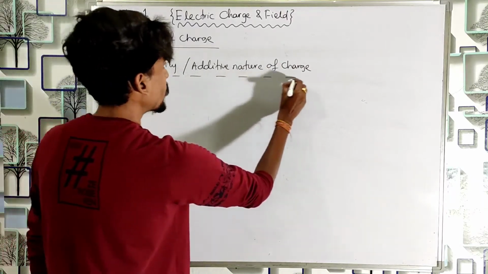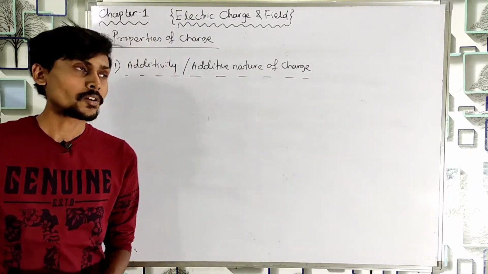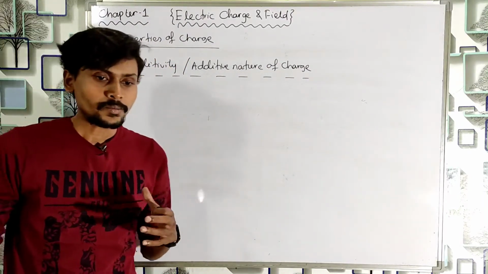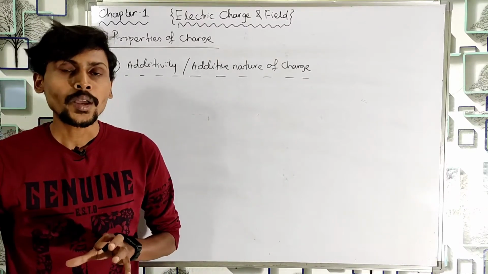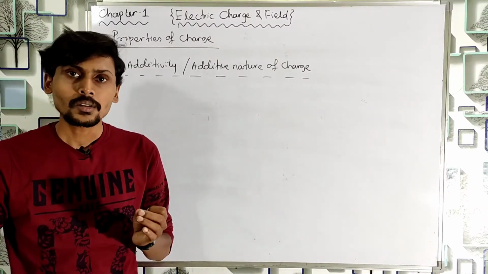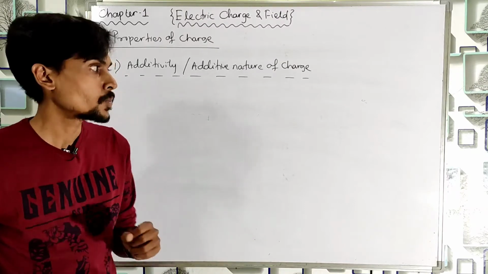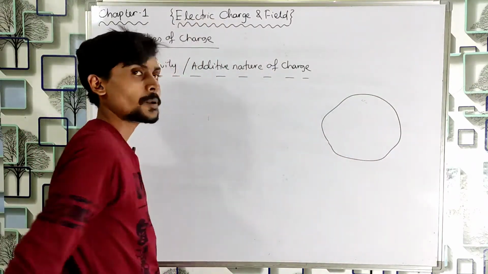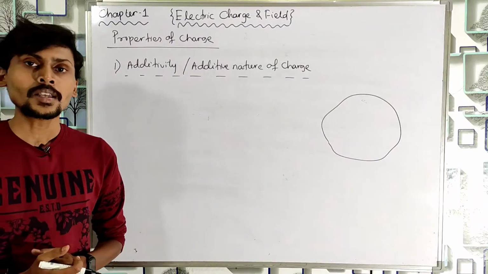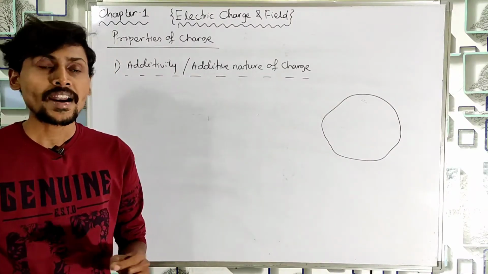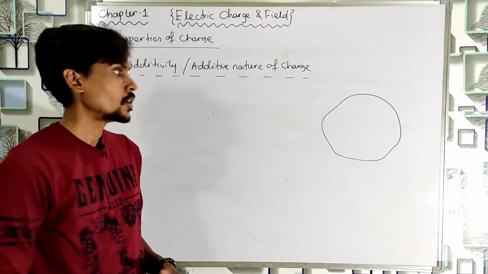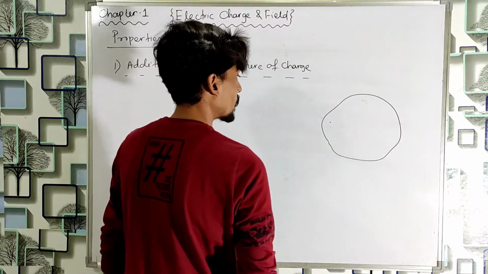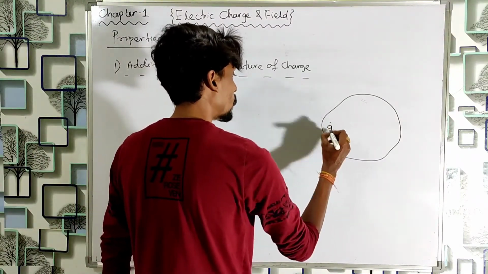So additive nature means what? It means that suppose in a body we have multiple charges at different locations. Suppose this is a body, and on the body we have different charges at different points. Suppose at this point I have a charge Q1.